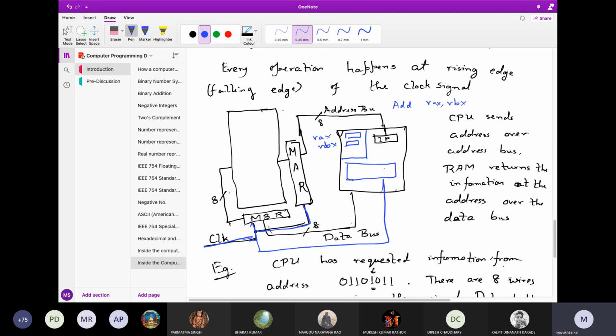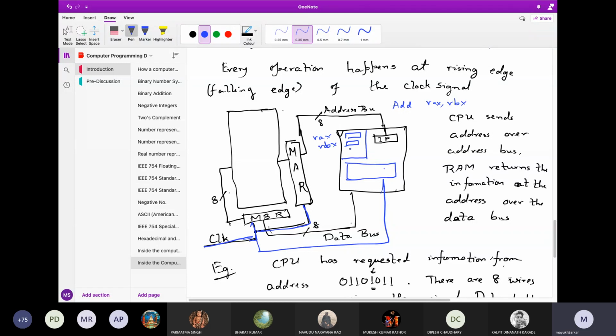Okay, what will happen when this clock signal will appear? The control unit will decode the instruction and will send the signals, but those signals will also be sent at the next clock edge, not before, not after. Exactly at the clock edge, the signals will go out of the control unit.